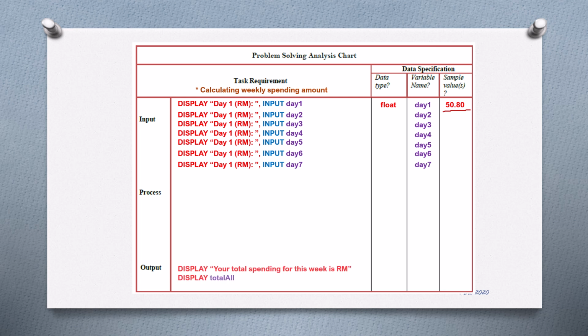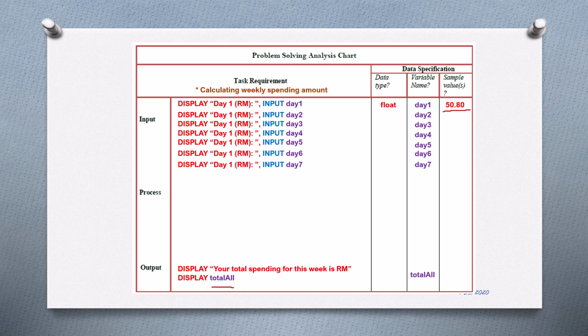Next, take a look at the output. You have to display the total spending, and also you have to display the value in the location total all. So this location must be declared first. So specify the location total all. There is one location total all.